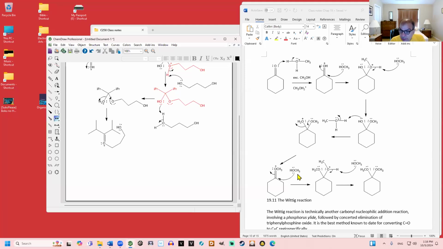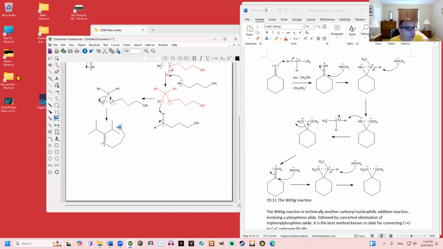Here, instead of using a second molecule of the alcohol, there's another OH group in the same molecule. And so one thing you need to know is that especially when it comes to forming a 5 or 6 membered ring, intramolecular reactions are always favored over intermolecular reactions. Always.